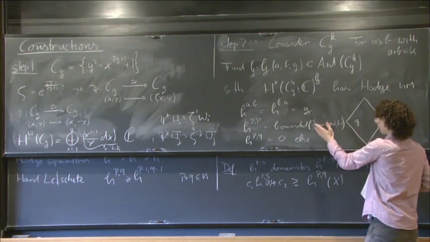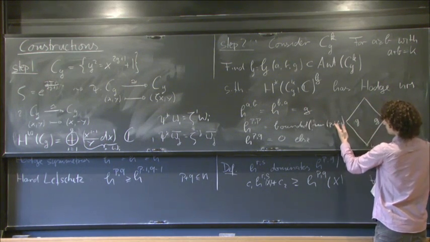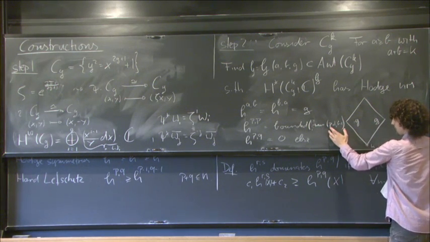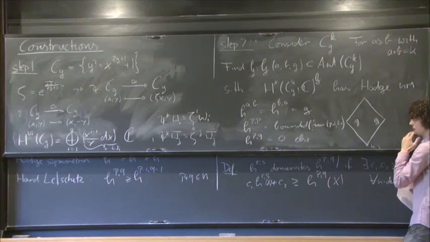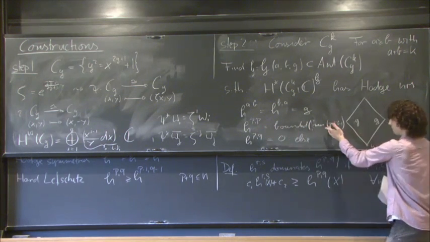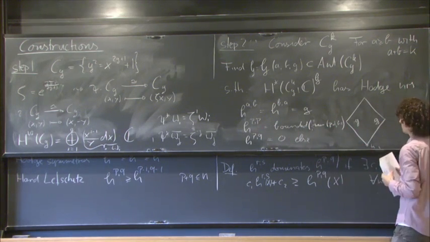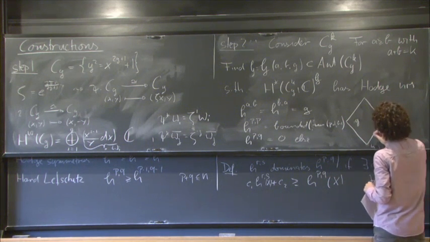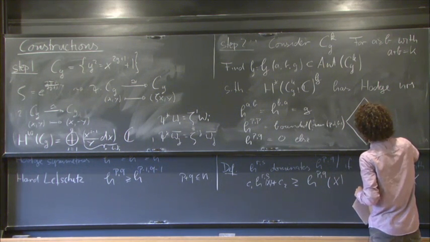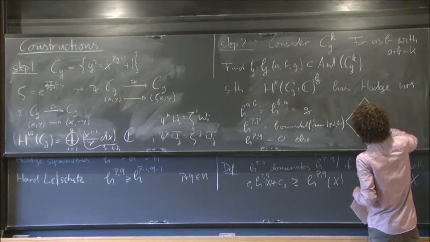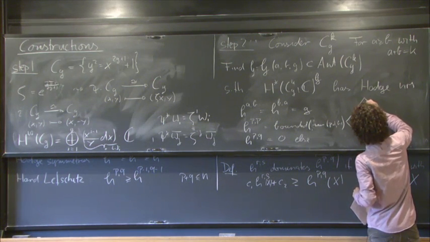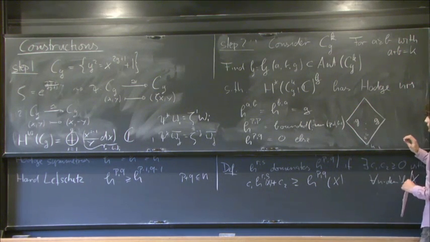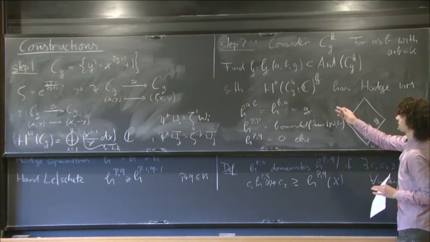And if B is not 0, but larger, then it will be the minimum of P plus 1 and B plus 1. So for instance, H11 will be 2 in this case. So the stuff in the middle is pretty small. Okay, so this would be an example.